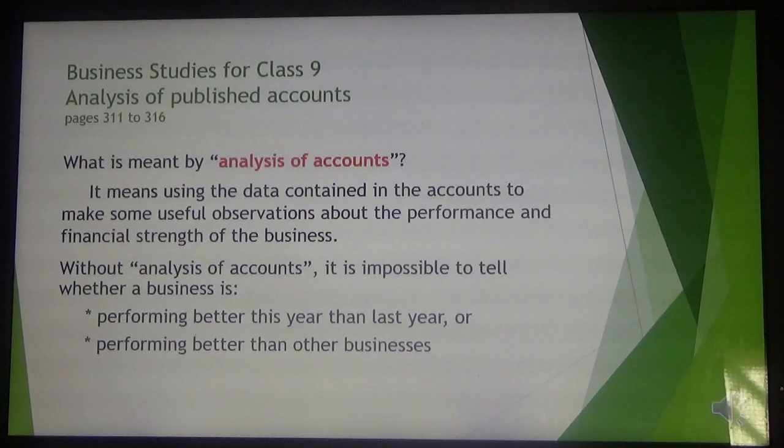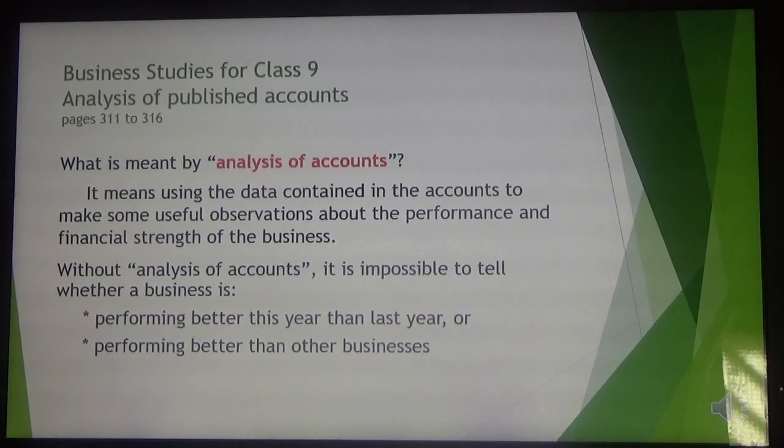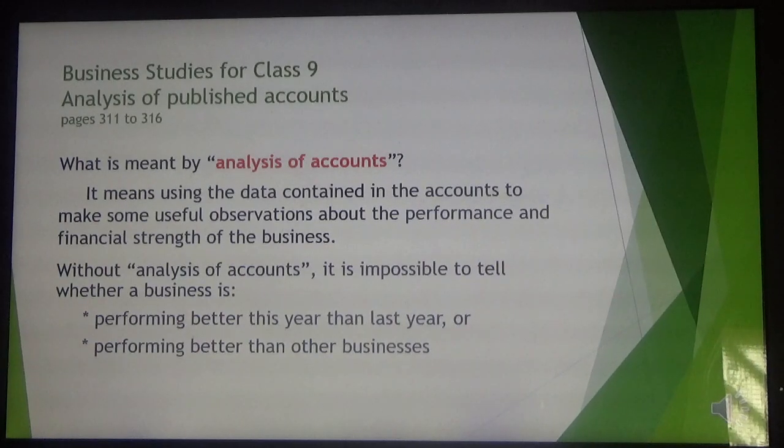We shall also be discussing the needs of different users of accounts and ratio analysis. And the last part of this chapter 26, we shall be discussing how users of accounts and ratio results might use information to help make decisions, for example, whether to lend to or invest in the business.